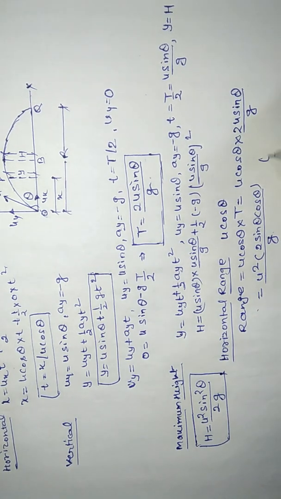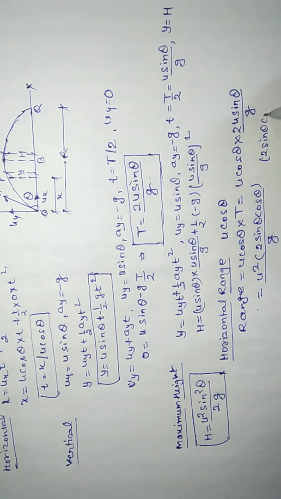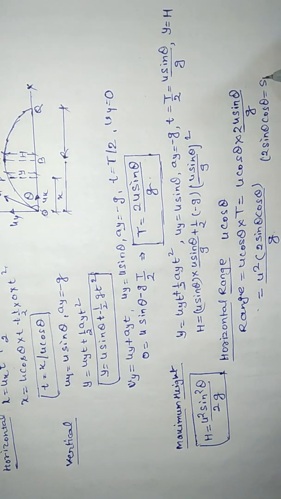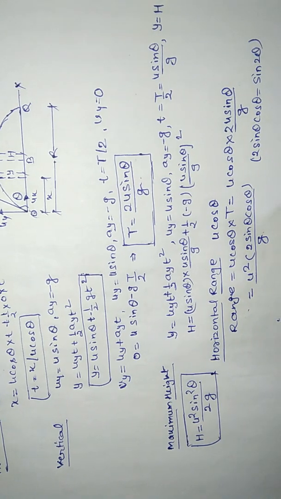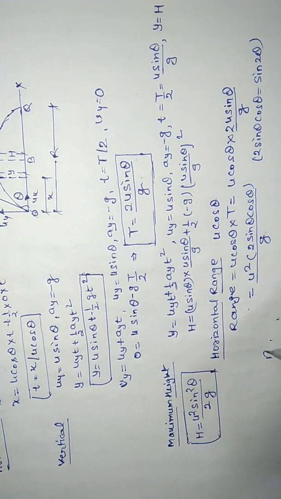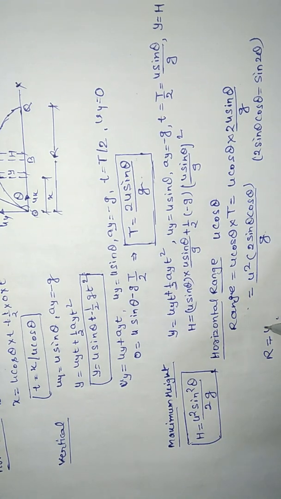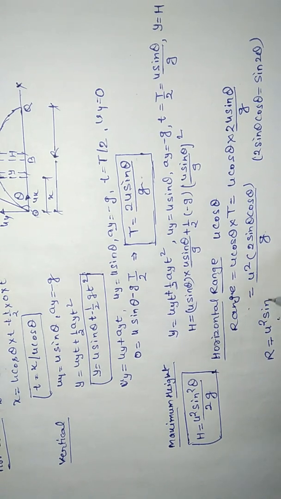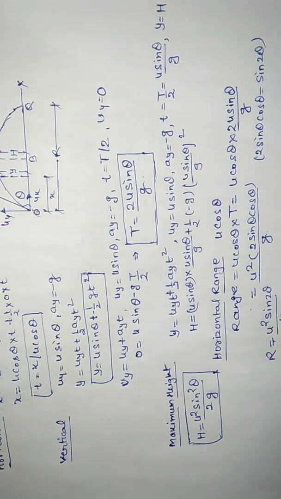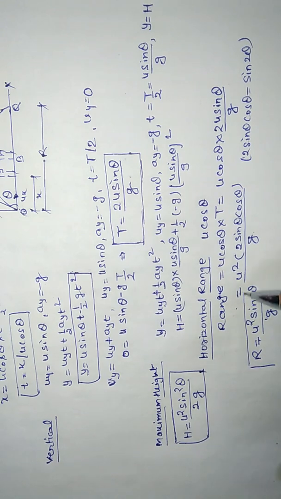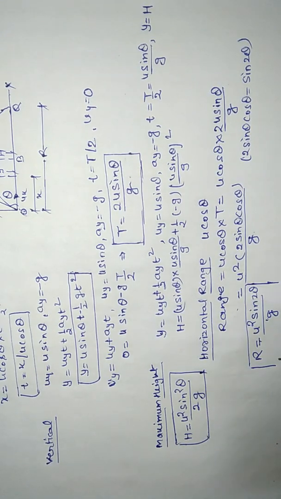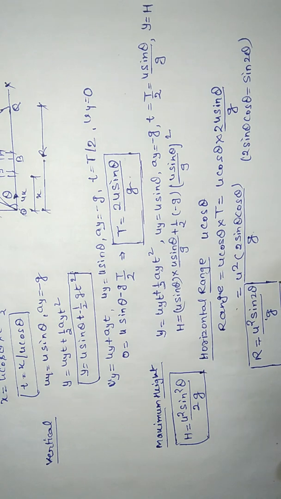As we know, 2 sin theta cos theta is equal to sin 2 theta. So the range R is equal to u square sin 2 theta upon g. This is the formula for range, means the horizontal distance covered by the projectile.